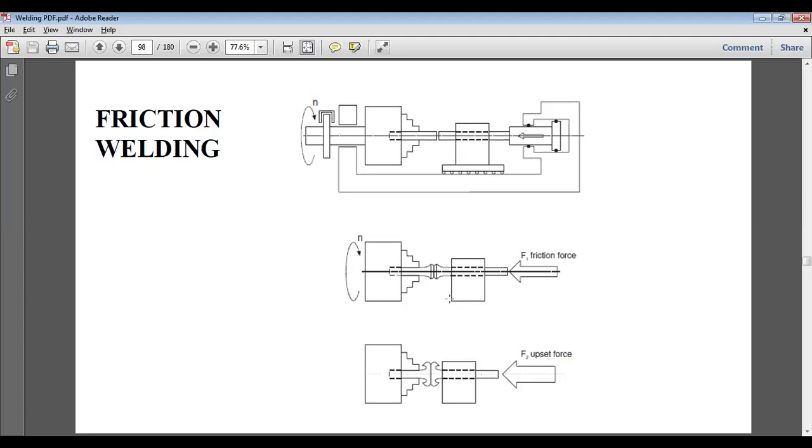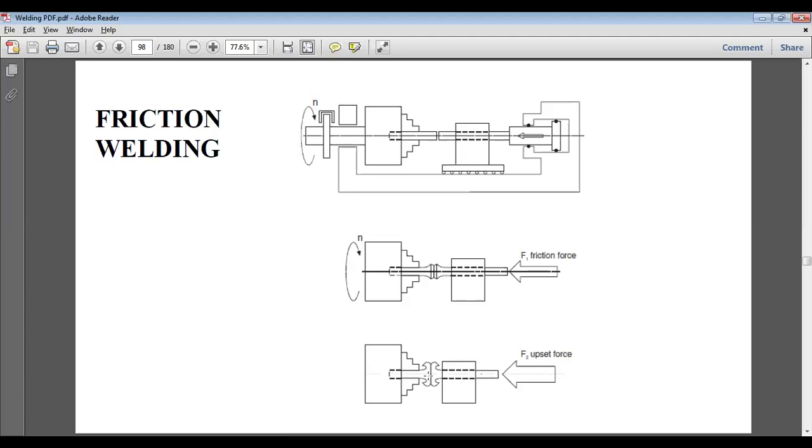Once the required heat is produced by friction, an upset force is applied from right to left, and the parts combine at high speed.